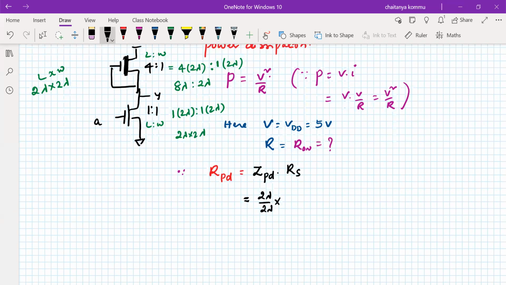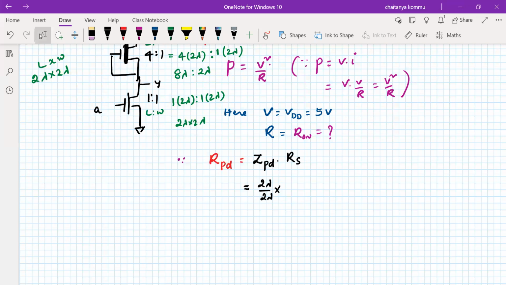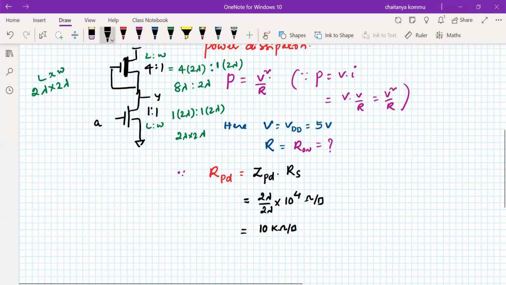What is the sheet resistance of an NMOS channel? It is 10 to the power of 4 ohm per square. Therefore this value is 10 kilo ohm. This is how we can calculate it.